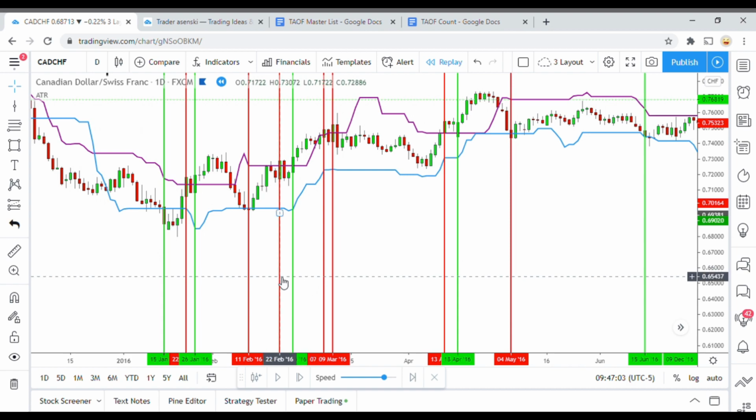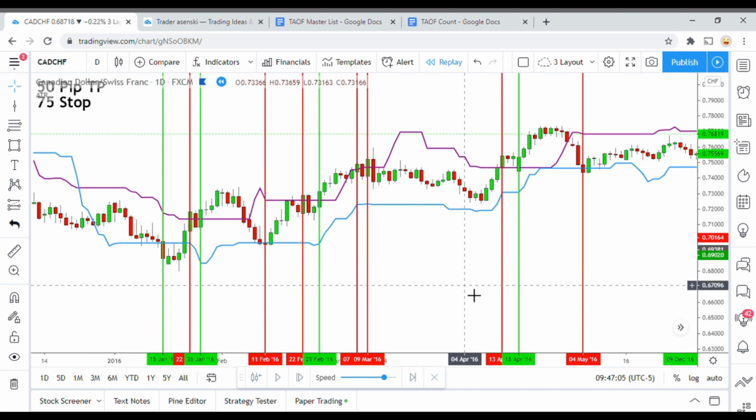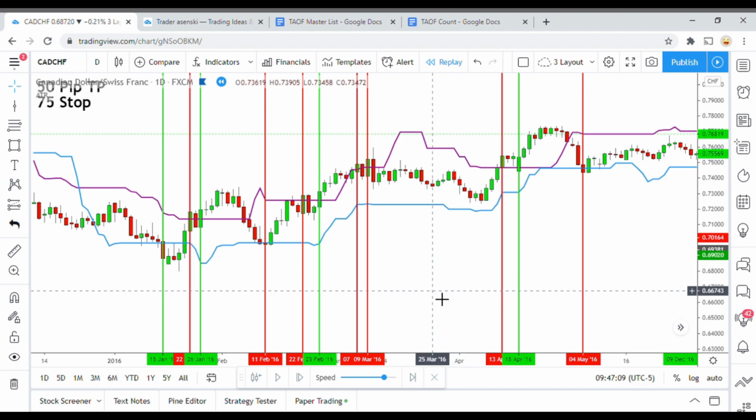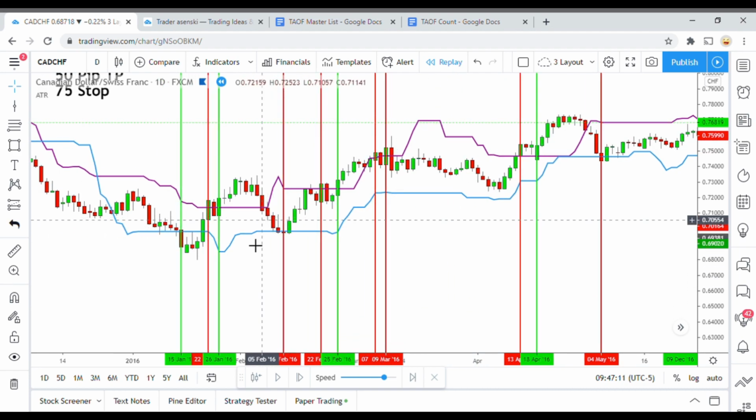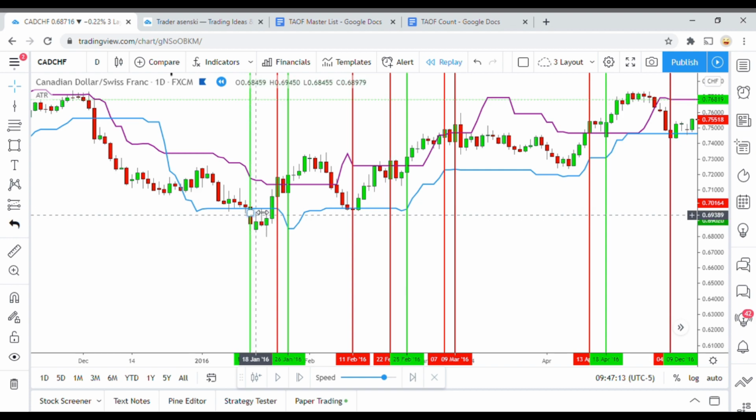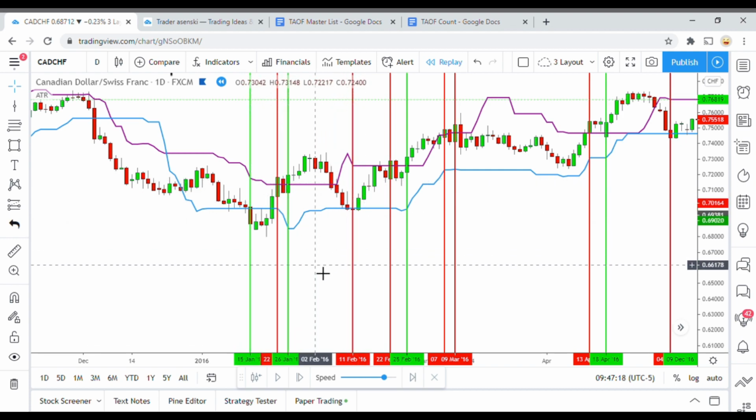And so if you notice, almost every single time the candle breaks, it has a significant pullback. I mean, I guess I wouldn't even say a significant pullback. Sometimes it's just one candle that has a pullback.